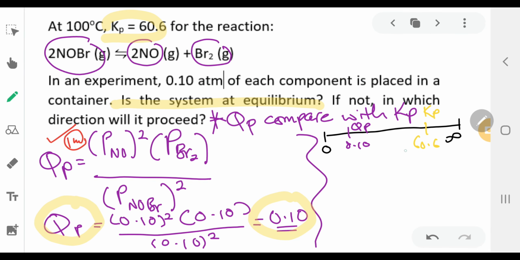Thus, the shifting will go towards the right hand side. Okay, so you're going to be producing more of your products. So what we have over here is your Qp is smaller than Kp. So in the example just now, we have looked at Qp value is smaller than Kp.